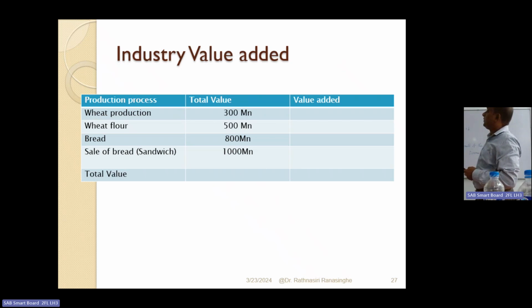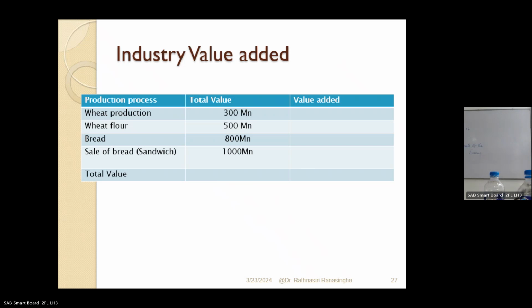Now here you have been given an example of the value addition and final product approach. We take this production process. For example, grain. Now we take the wheat. That's the first stage: wheat production, if we value it, the total value is 300 million.